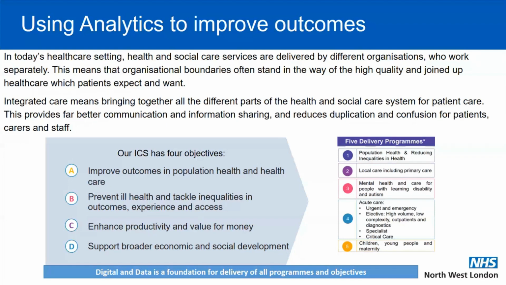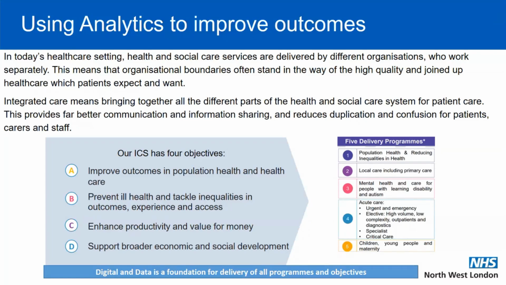Matthew also touched upon this, but I want to make it really clear that across our ICS we have four objectives: to improve outcomes in population health and healthcare, to prevent ill health and tackle inequalities in outcomes, experiences and access, to enhance productivity and value for money, and to support broader economic and social development.